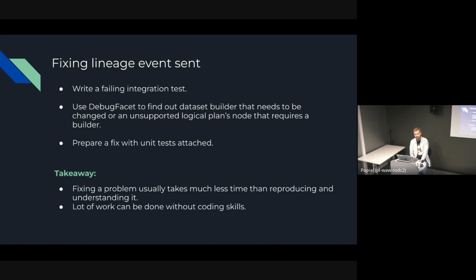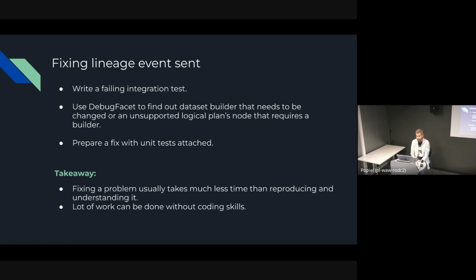So if you experience a situation where you think that the lineage event could be different, still, with a limited amount of code, you can be really helpful. For example, you can write a failing integration test. And from my experience, being able to reproduce the issue is most of the work.